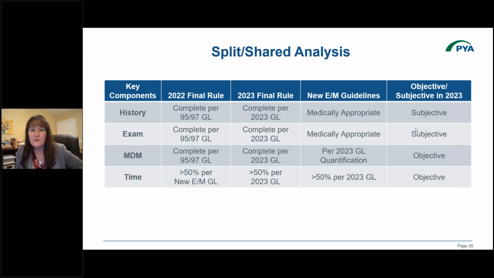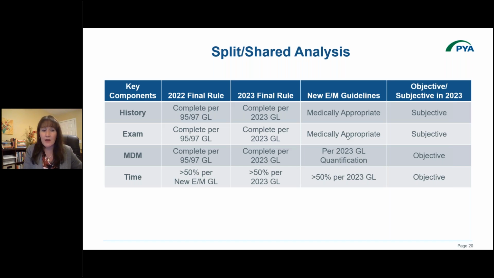So the history and exam are subjective because they only require a medically appropriate history or exam in the 2023 guidelines. So you still have to have a complete history or exam, but medically appropriate is the only definition of that exam, versus the 95 or 97 that had a lot of specifics within that, and that was more objective at that time. Now we have subjective guidelines that are based on the physician's determination.